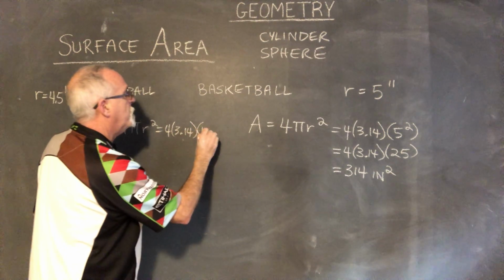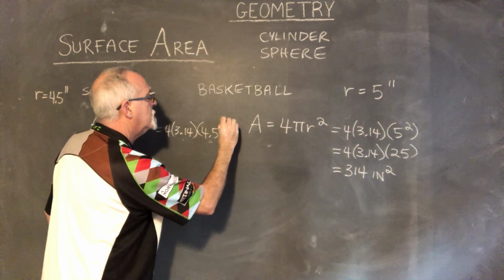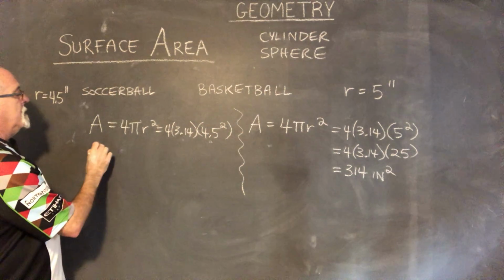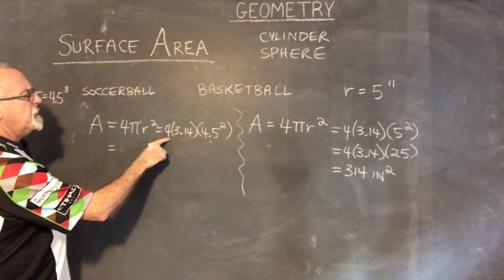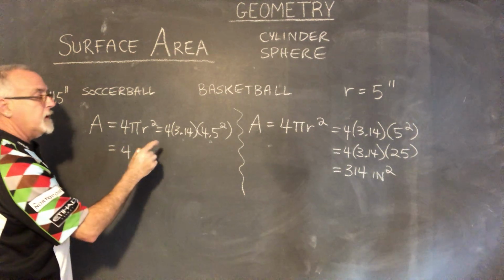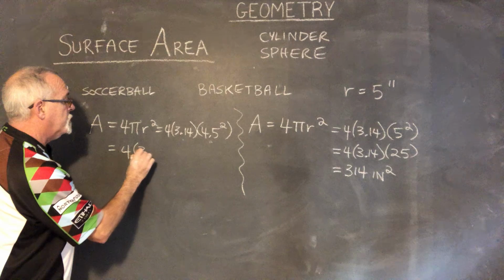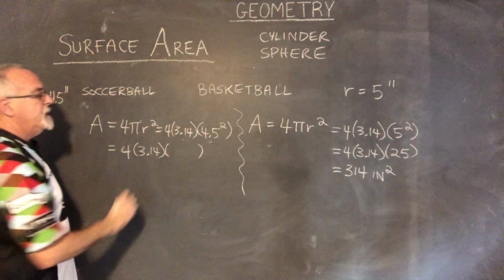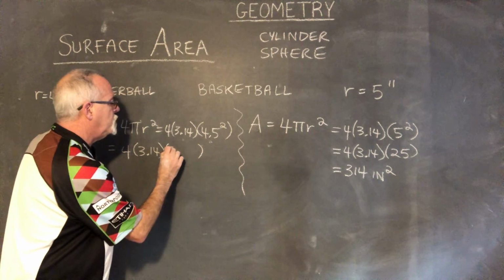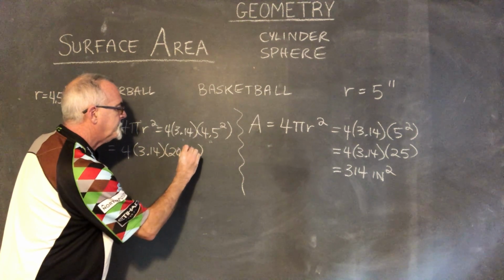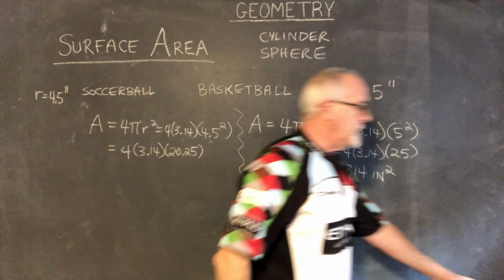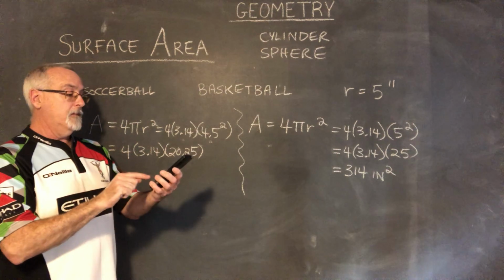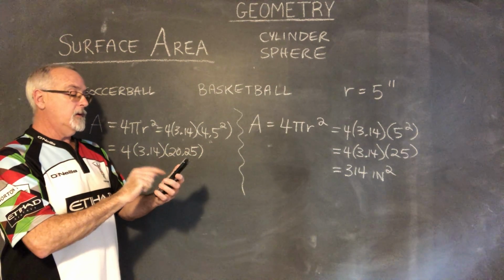So we are doing 4.5 squared. I have to do that first before I multiply, right? So it's 4, 3.14, we'll multiply later, and then 4.5 squared is 20.25. But I'm going to get my calculator, and I'm going to double check. 4.5 squared.